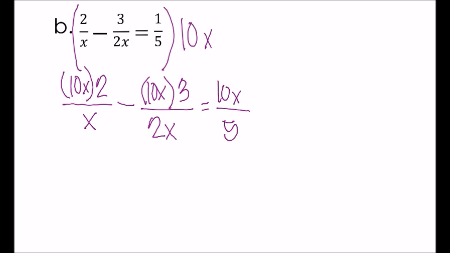And then from here we simplify. 10x times 2 divided by x, we can cancel x.